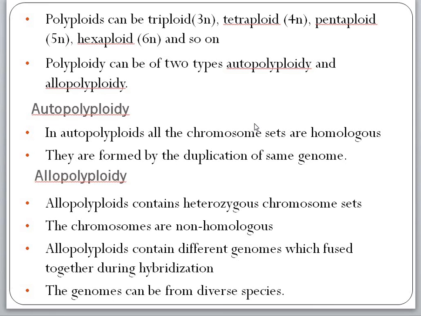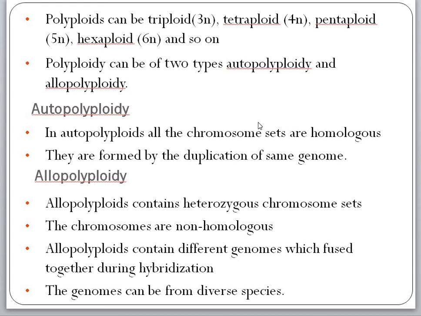So, what we discussed now is that the numerical variations in chromosomes can be classified into two, aneuploidy and euploidy. Aneuploidy is the condition where chromosomes are added to the diploid condition or removed from the diploid condition. Polyploidy is the condition where chromosomes are added as a group, as a bundle, or removed as a bundle.